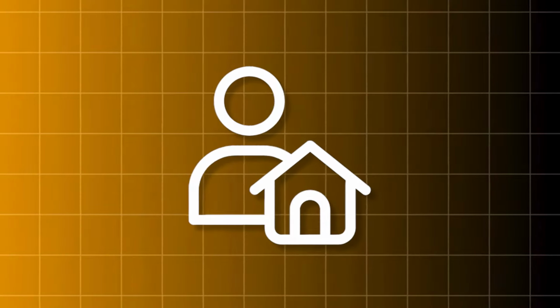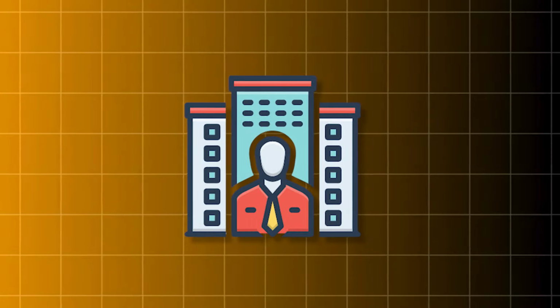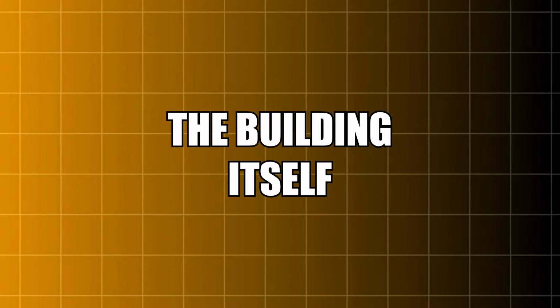So in essence, you only own the apartment, you do not own the ground where the apartment sits. Hence the reason why they call the property owners that own apartments leaseholders. So in essence, you only own the square footage within the building itself.